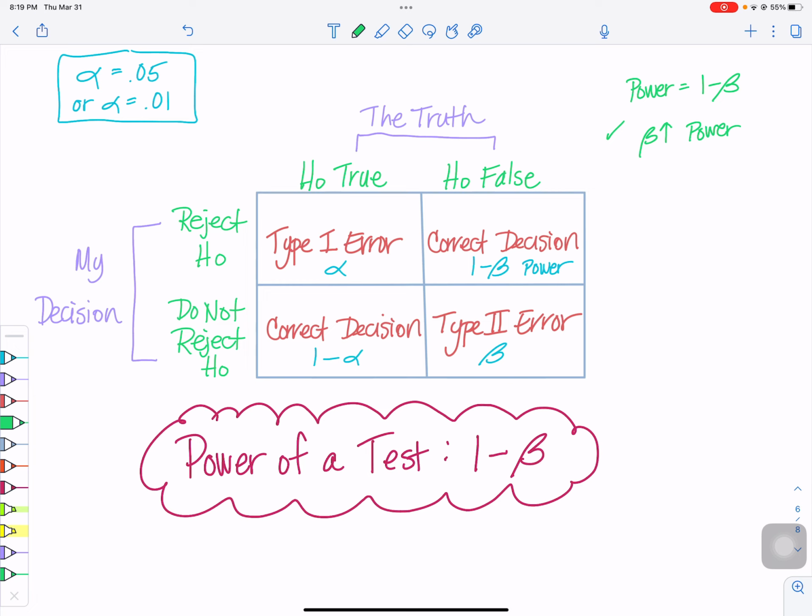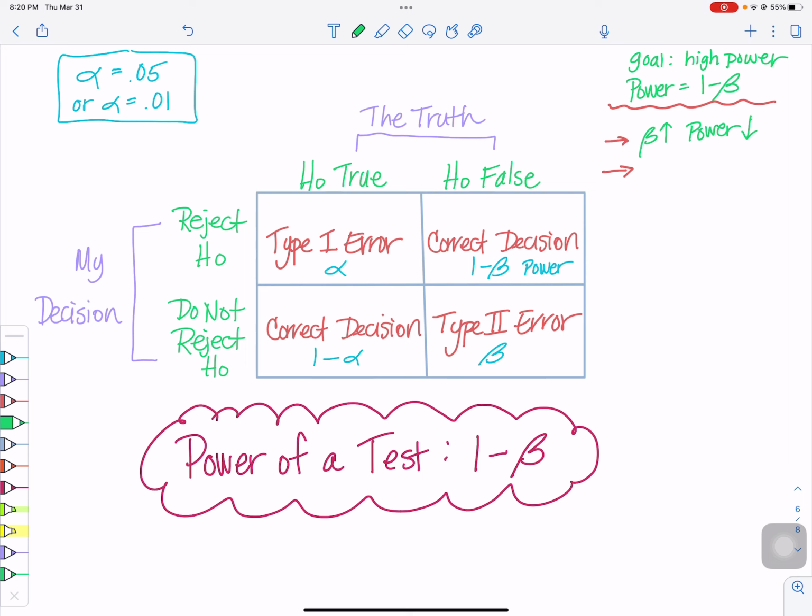If beta increases, the power decreases. So maybe I'll make little bullets here. And you should be able to see that algebraically, okay? And I'm just going to keep power up here. Okay, let's talk, and we do want the power high. Our goal is to have a high power. We want to reject a false hypothesis.